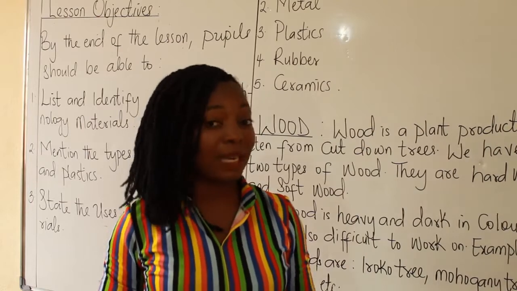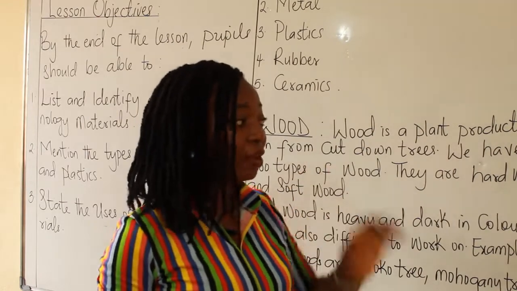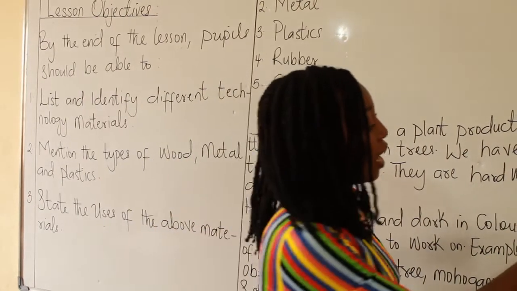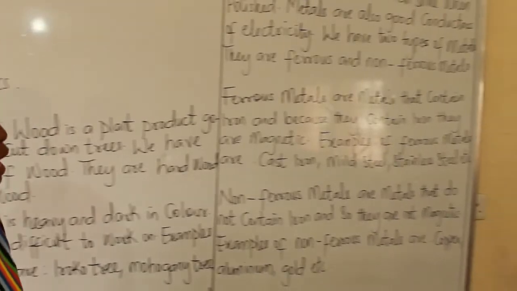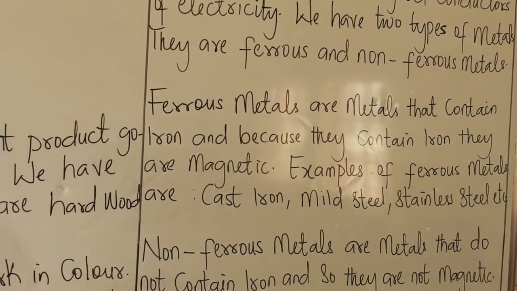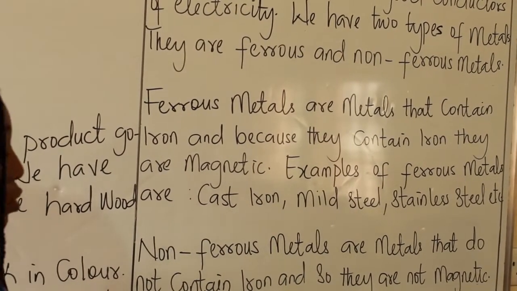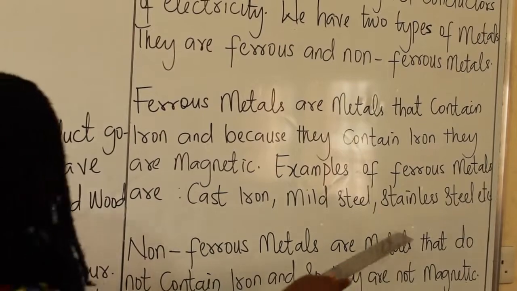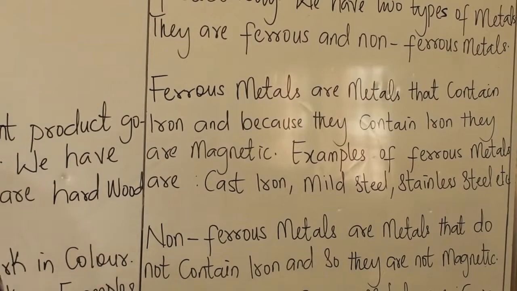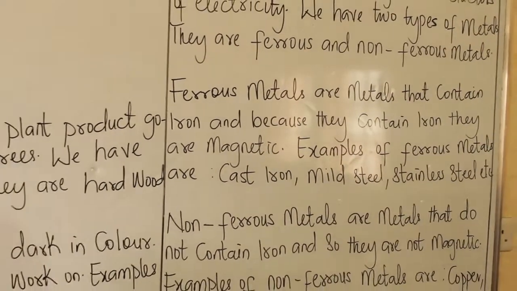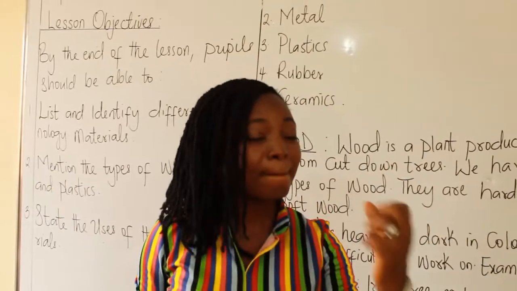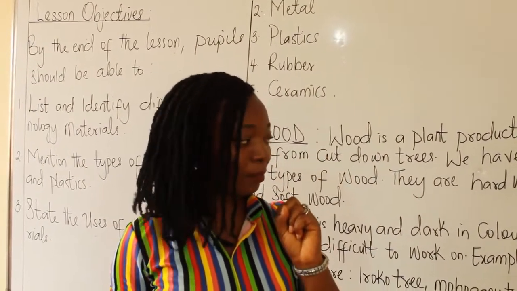Examples of ferrous metals are cast iron, mild steel, stainless steel, and so many others. Remember, ferrous metals are metals that contain iron. And because they contain iron, they are magnetic. They can attract a magnet.